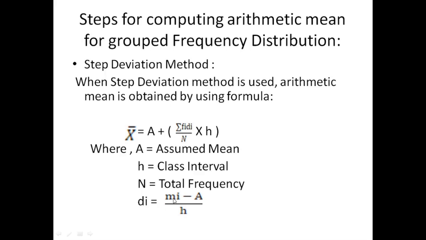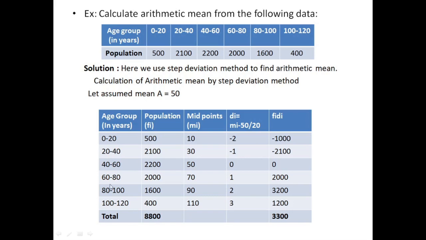Di is equal to mi minus a upon h. We compute mi, and we also know a. Now h. H is the class interval, and the definition of class interval is upper limit minus lower limit. So 40 minus 20 is 20, or 80 minus 60 is 20, or 120 minus 100 is 20. So h, the class interval, is 20.